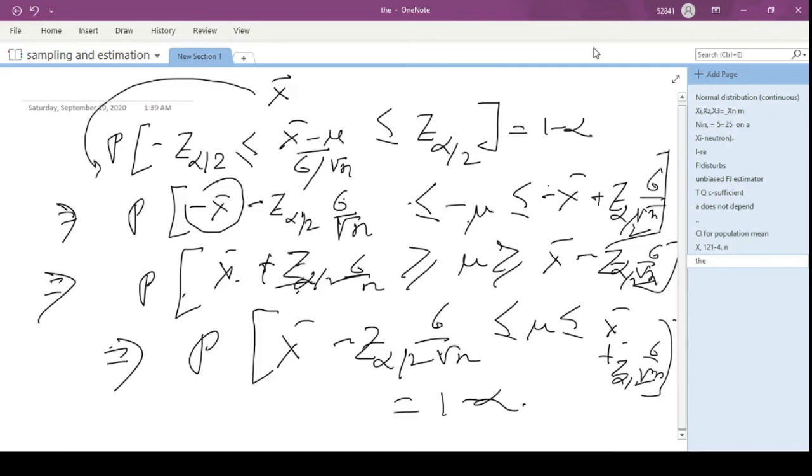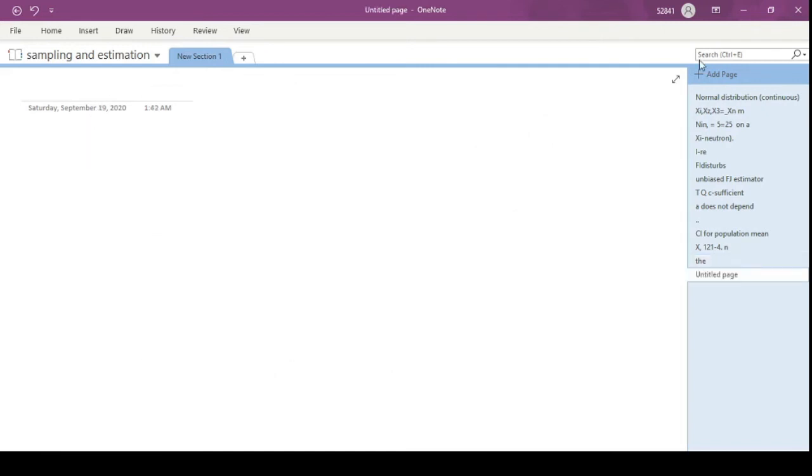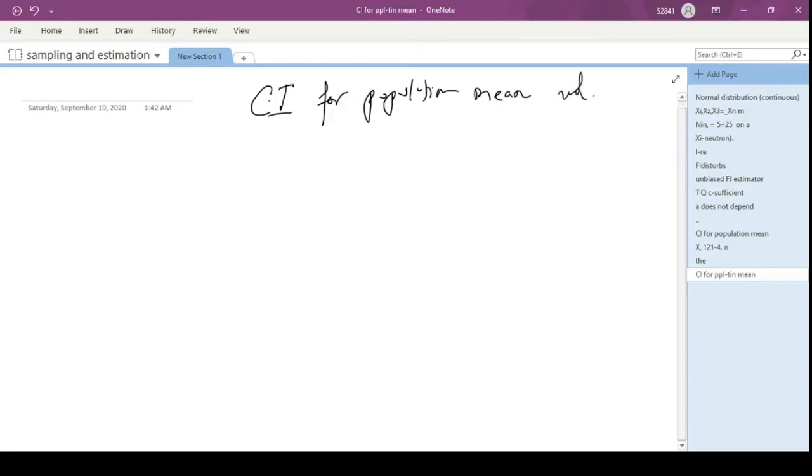So what it means is, coming back to our estimation target or outcome, we were trying to find the confidence interval for the population mean, and it is a normal population we are talking about here. This is when variance is known, right?